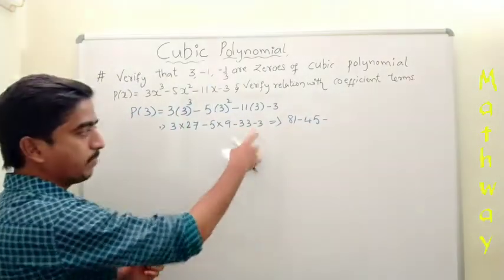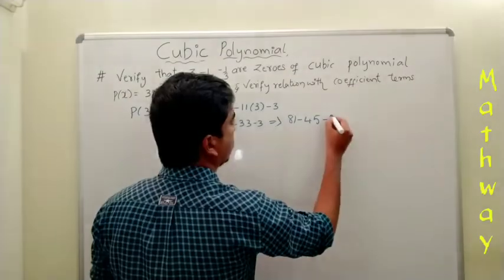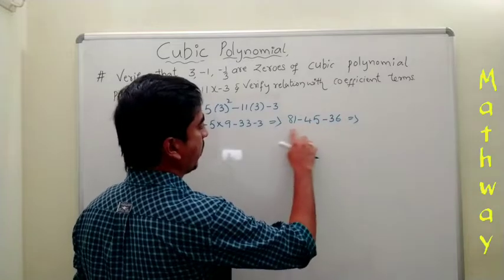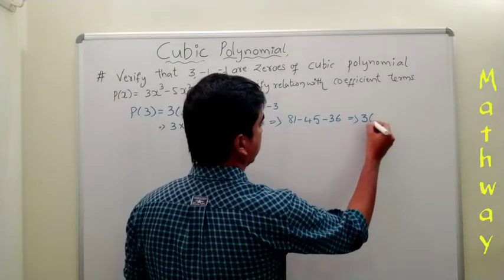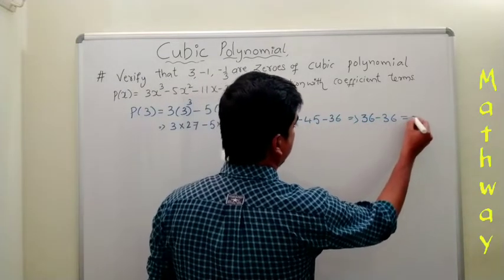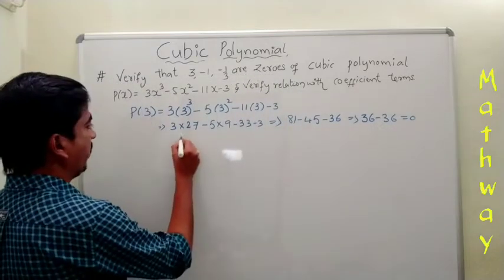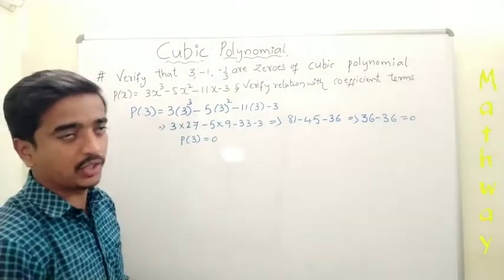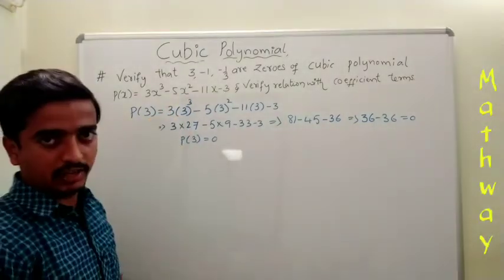By doing the subtraction, 81 minus 45 we get 36, and minus 33 minus 3 is minus 36. 36 minus 36 is 0. So here p of 3 equals 0. So we got the value 0. That is why 3 is a zero of the given polynomial.